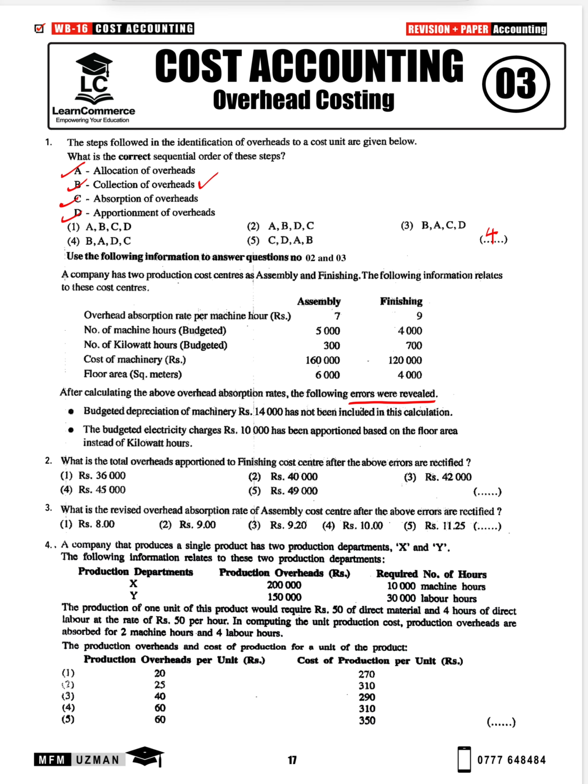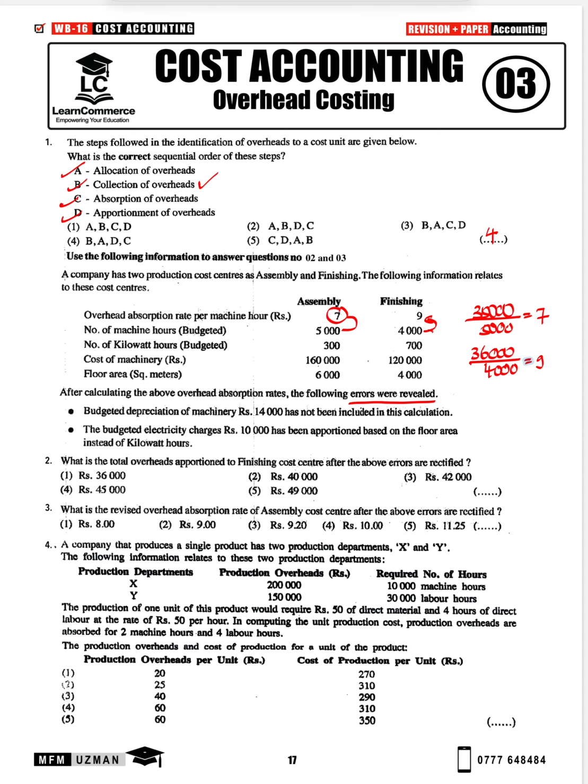So they had already calculated 7 rupees for 5,000 hours, the total overhead is 35,000, and 36,000 for the other department. That's how they had calculated.